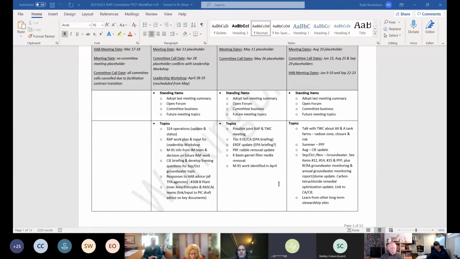And to me, that is a critical area for increased attention, not only for the HAB overall, but for the RAP specifically, because a lot of the low-level waste repository material will be coming from Central Plateau and other areas of Hanford and deposited in what, in essence, would be the domain of the RAP, in my opinion. I don't know if the PIC or the RAP is heading that IM team. I can't recall, and I don't have the list in front of me.